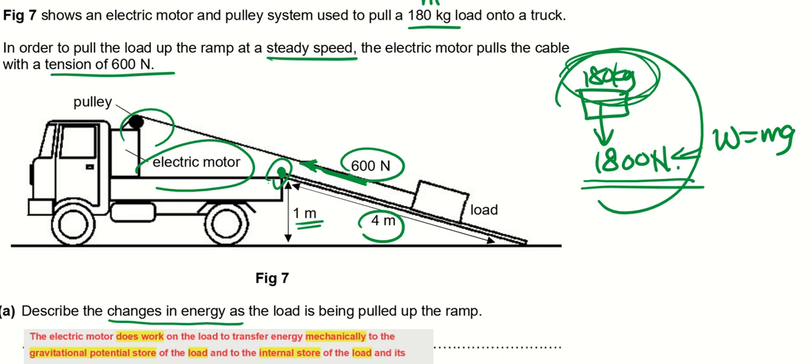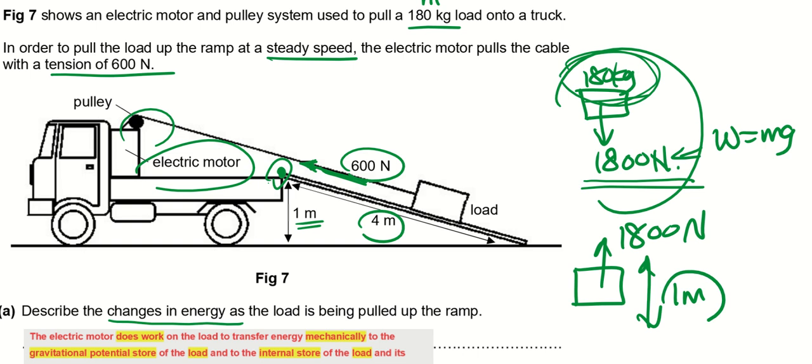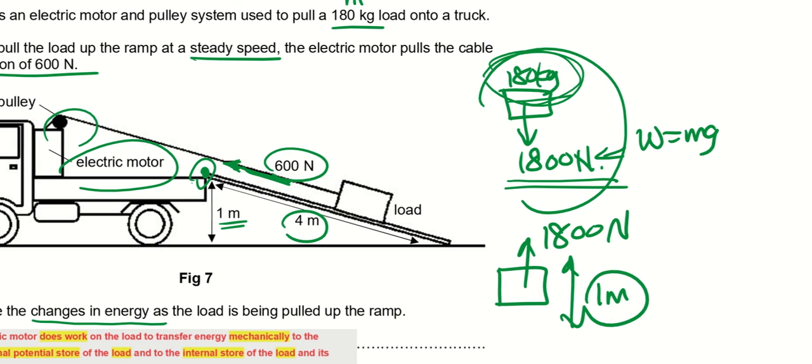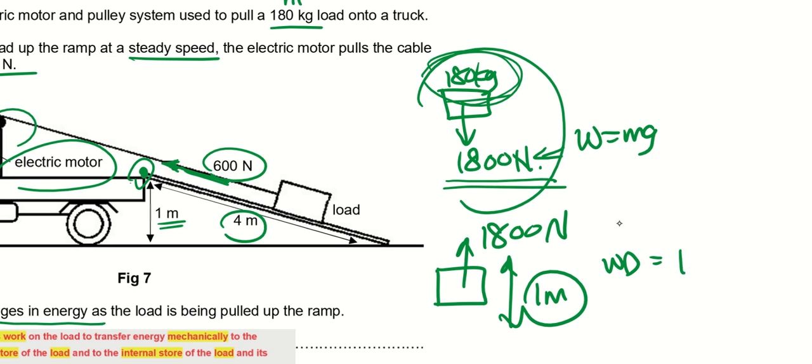But if there really is somebody who can do 180 kg, you have to lift the load up with a force of 1800 newtons and the vertical height of 1 meter. The work done in lifting this up will then be 1800 multiplied by 1.